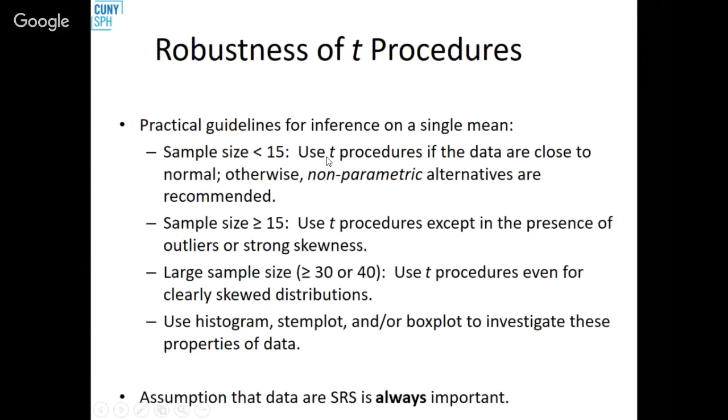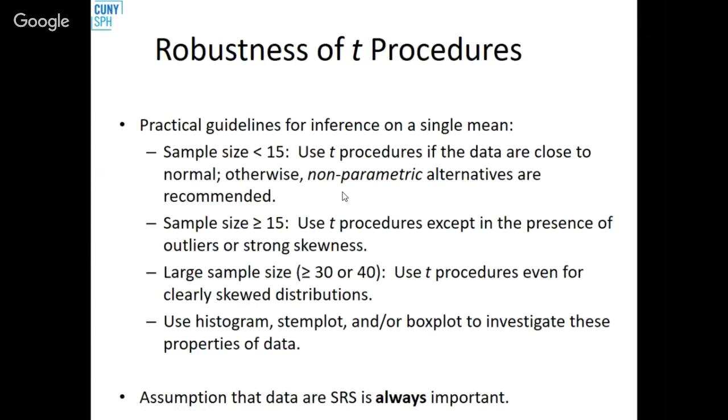So some practical guidelines. We're talking about inference on a mean, like with the beers. If you have a small sample size, less than 15, then go ahead and use the T procedures if the data you observe are close to normal. Otherwise, there are non-parametric alternatives, which I'll tell you about later, even though we don't actually apply them in this class.